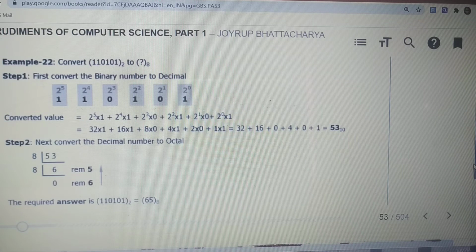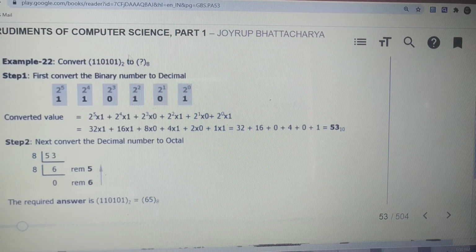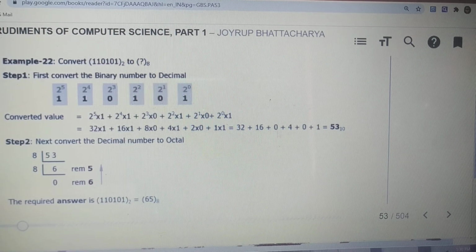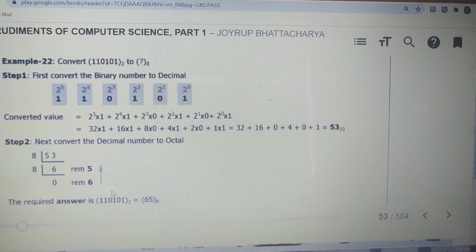There is another way: first convert the binary directly to base 10, and from base 10 directly to base 8. We can do it both ways: directly by clubbing 3 bits and putting the value, or otherwise you convert binary to a decimal value, and from decimal again convert to the octal value. You can do both ways, but the first way is much easier.